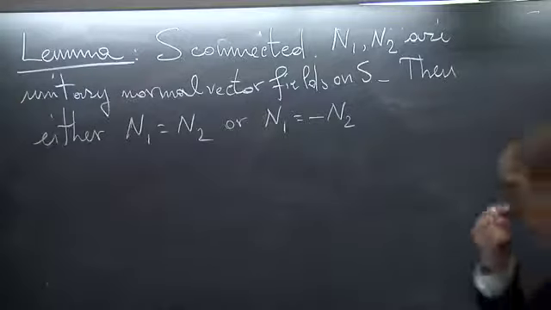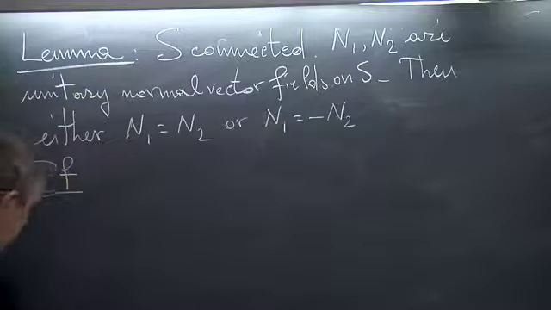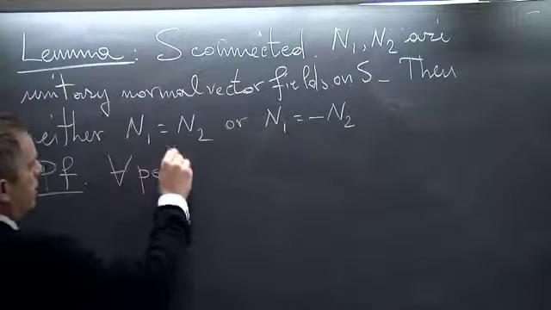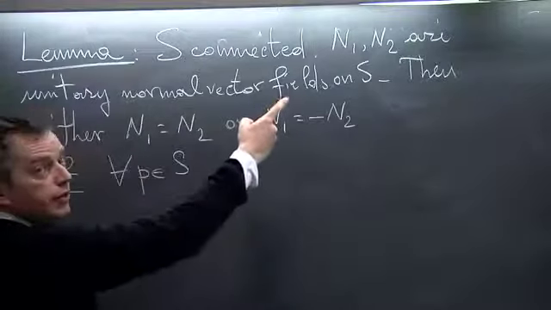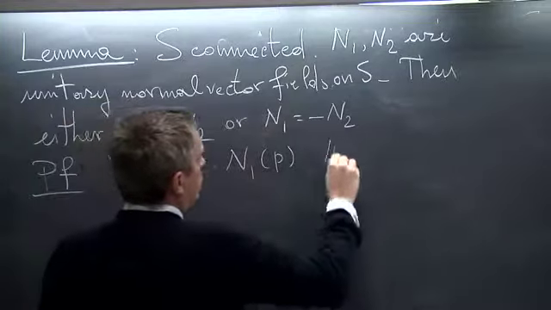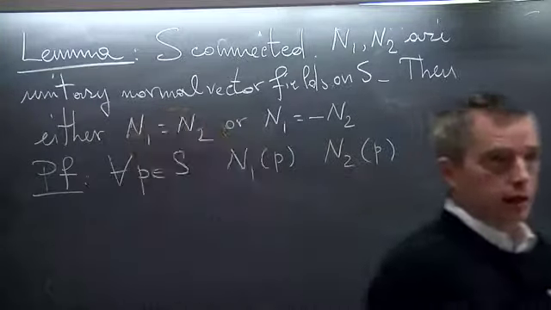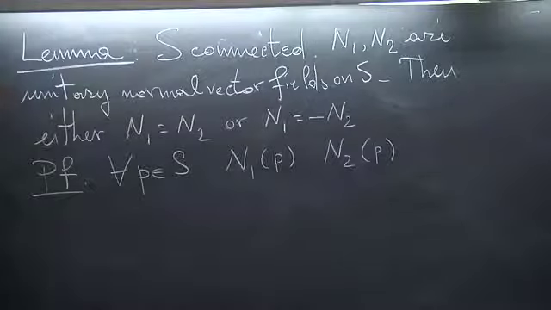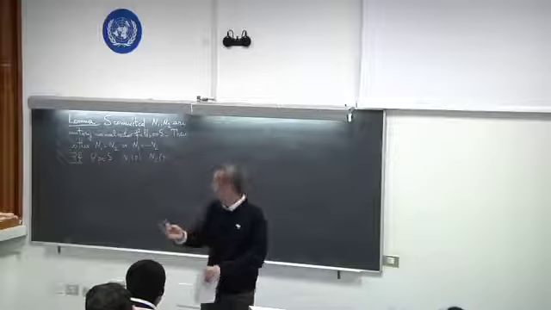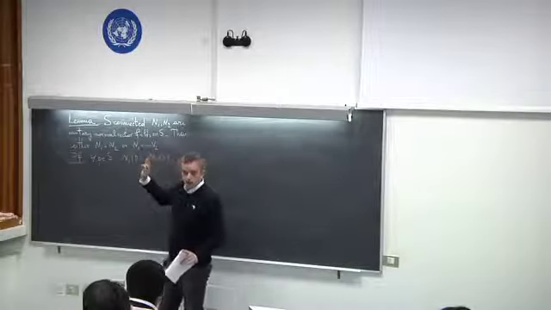Okay? Well, how do you prove it? This is just topology. Because now, for any P in S, if I evaluate these two vector fields, so N1 at P and N2 at P are two unitary normal vectors at that point. So these equations hold at that point.